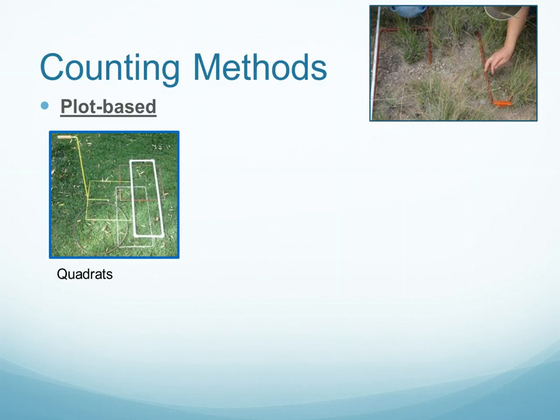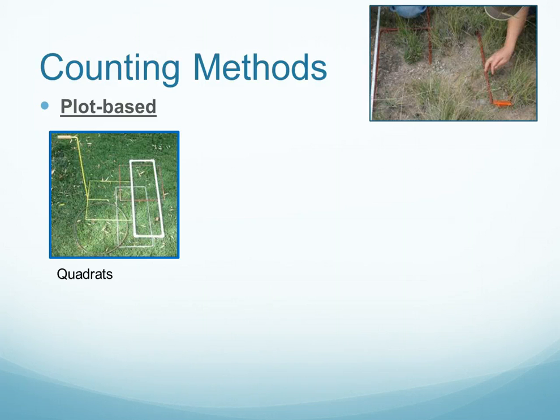The next main approach are the counting methods. Now, these are plot-based methods. The first kind of plot that we consider are quadrats or frames. These can be any different sizes and shapes. The most common shapes are square, rectangular, or circular, and different sizes based on the needs of the study.